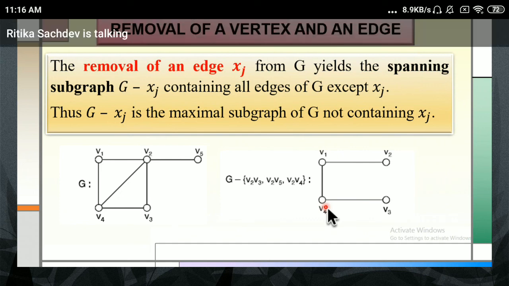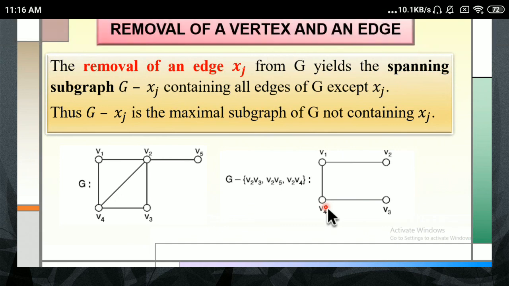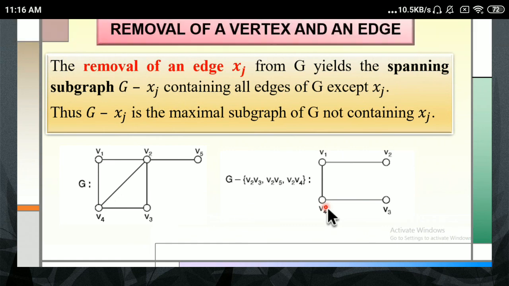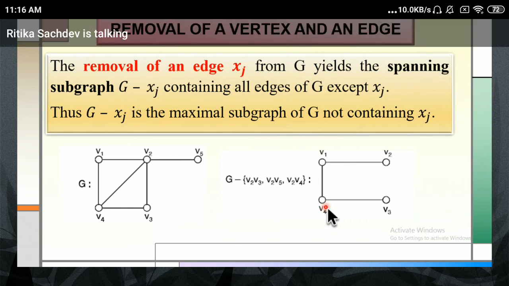Please recall what is the definition of spanning subgraph. Spanning subgraph says all the vertices should be there. So should I remove V5 or should I keep V5? If I'm talking about spanning subgraph, then I should be keeping that V5 in this.